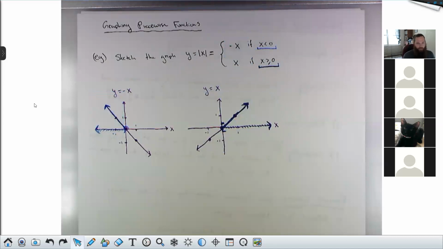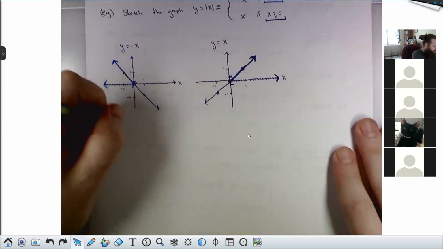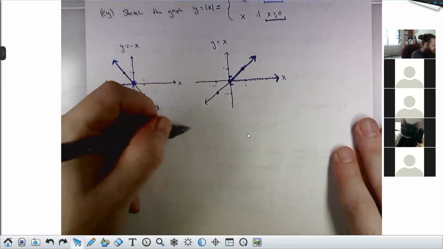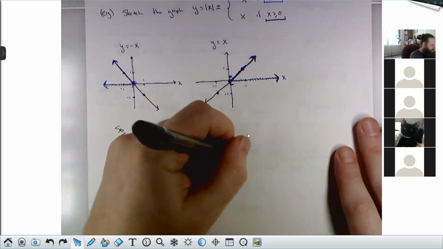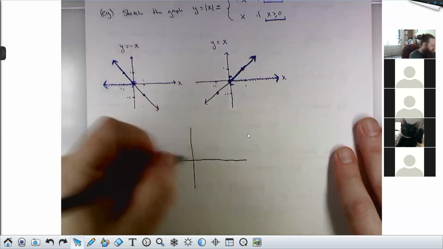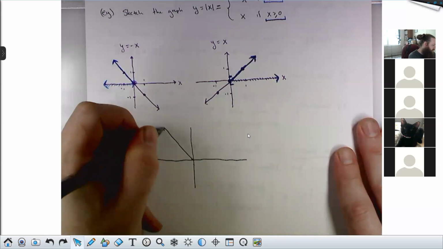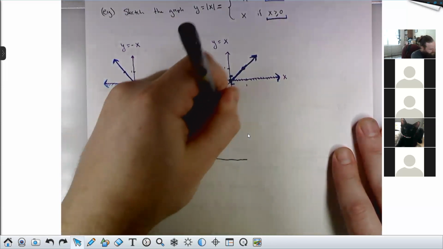Then what you do, you take these pieces and you overlay them. You set them on top of each other. And that is the graph of your piecewise function. So the graph y equals absolute value x is this piece here and this piece here.